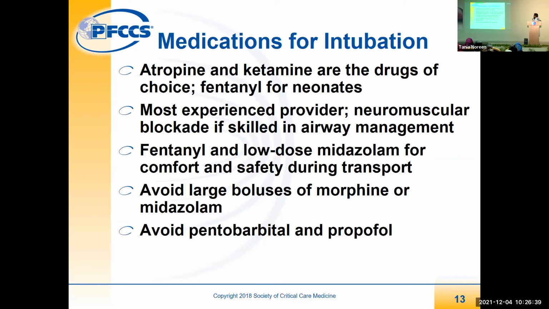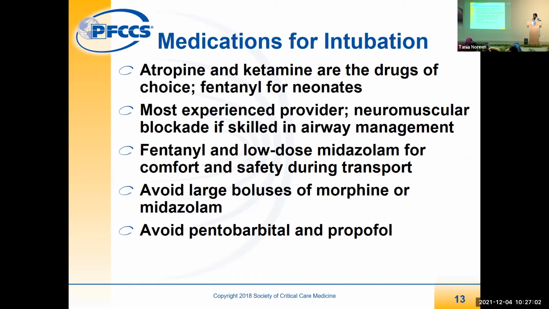With ketamine, we need to know that sometimes it causes a lot of secretions. It can initiate cough and vomiting, so we should be ready to handle that. Atropine is very helpful to pre-medicate before ketamine.